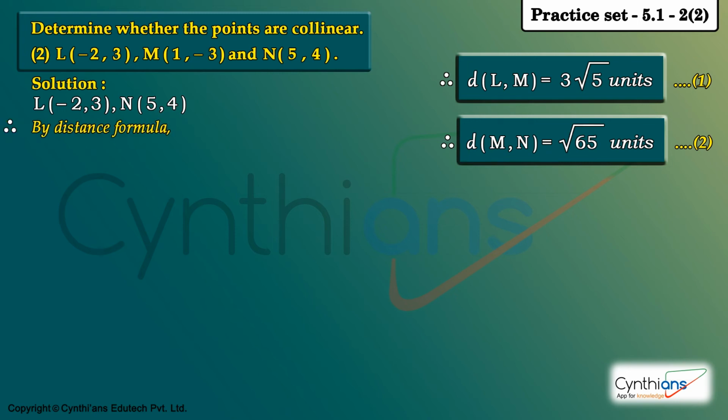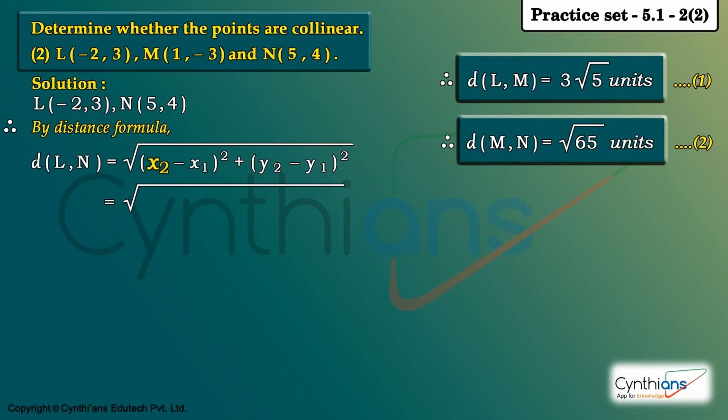Therefore, by distance formula, distance of LN is equal to square root of (x2 minus x1) the whole square plus (y2 minus y1) the whole square, equal to square root of x2 is how much? 5 minus x1 is how much? Minus 2. So this is 5 minus into minus 2. So we can write it as 5 plus 2, 5 plus 2 the whole square. Plus y2 is 4 minus y1 is 3. So this is 4 minus 3 the whole square.